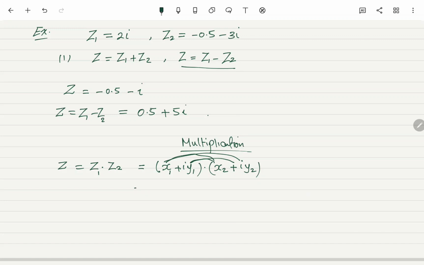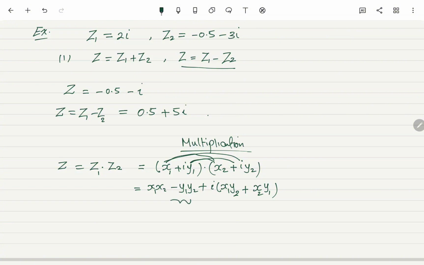In this case, the multiplication will be equal to x1 x2 minus y1 y2 plus i times (x1 y2 plus x2 y1).